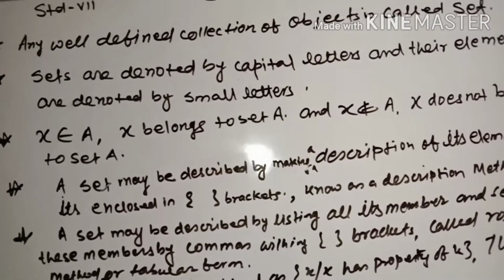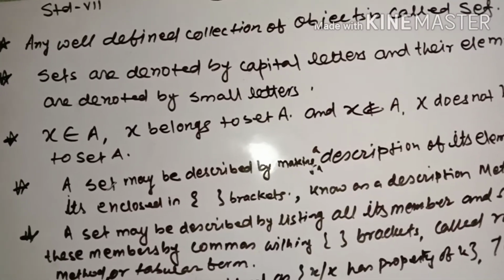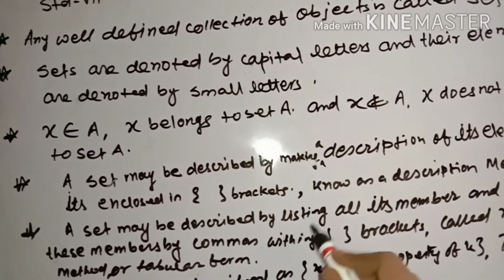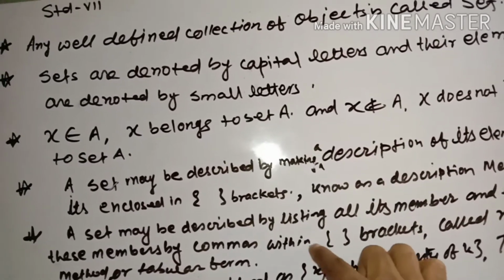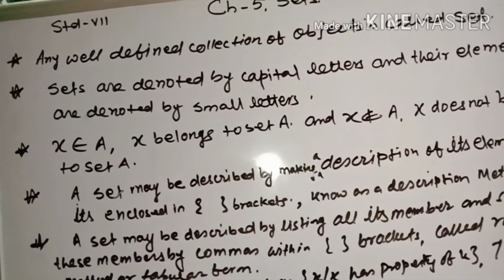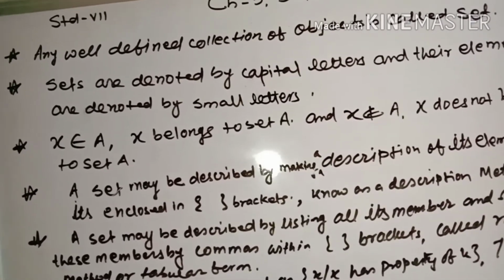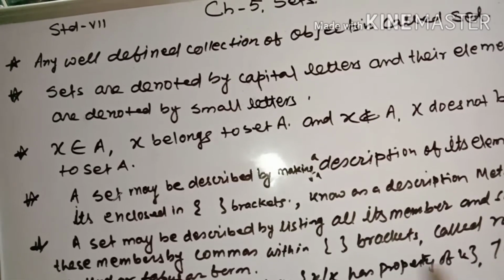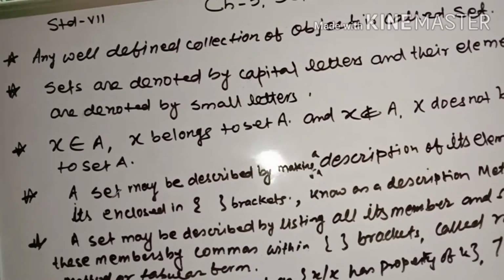This is called the roster method or tabular form. A set may be described as X such that X has property K. This method is called rule or set builder form.